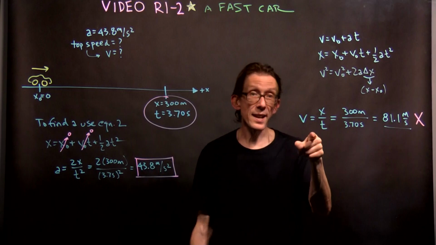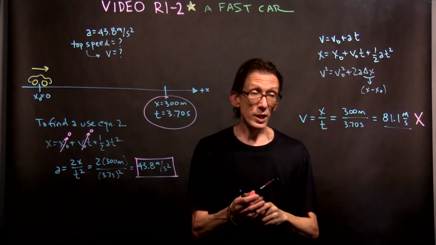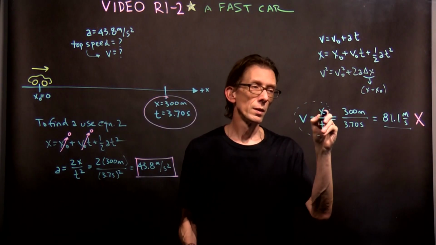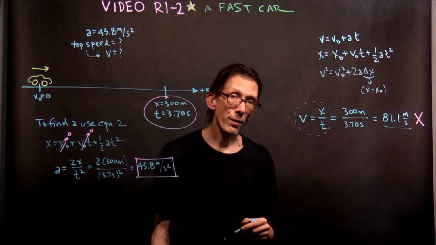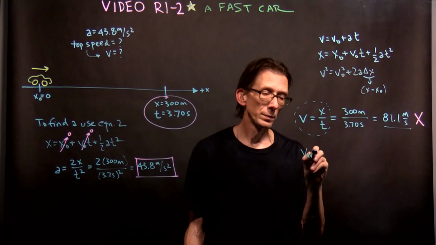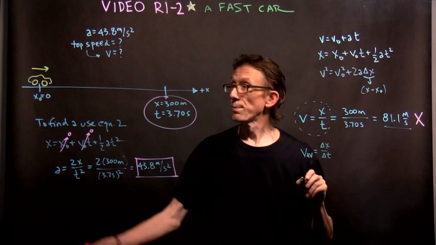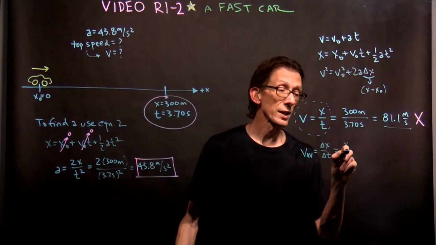Because what this is, right here, listen closely, this formula that they used is exactly the same as the formula for the average velocity. Look at the formula for the average velocity. And because both x naught and t naught are 0, this is the same as x over t.